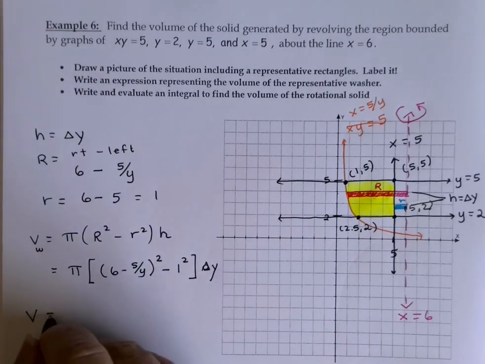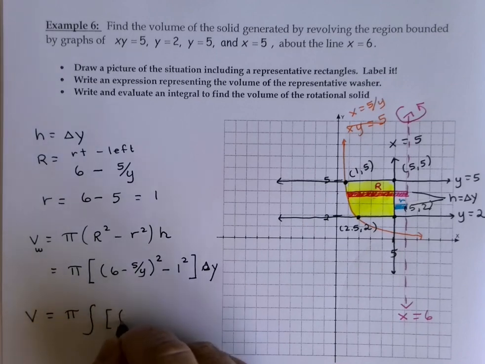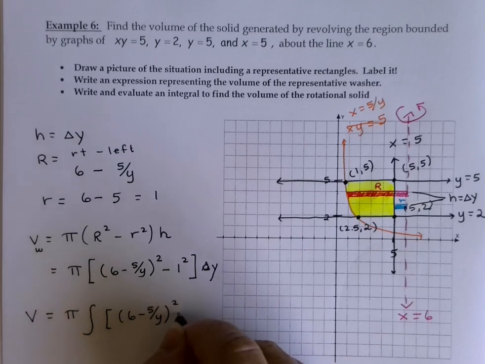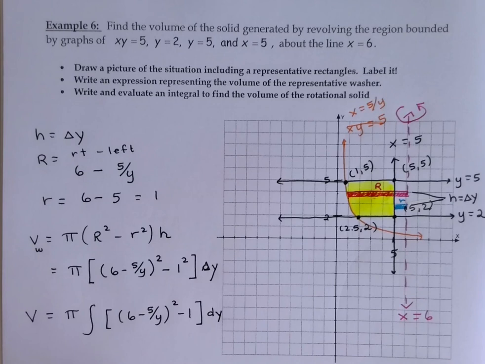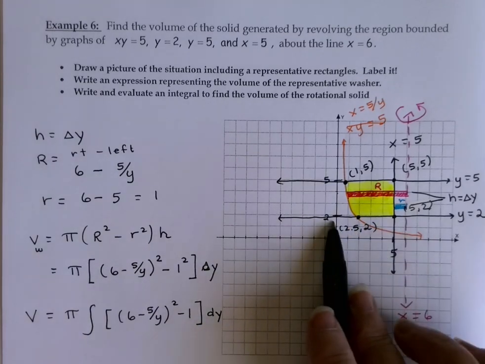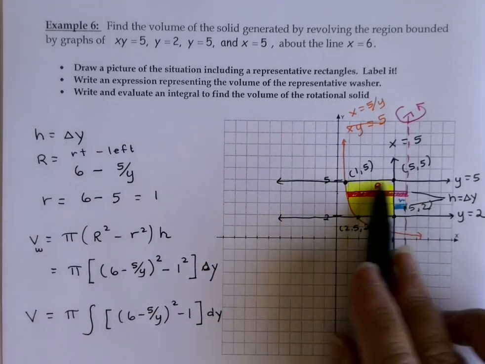So to get the volume of the entire solid, we will integrate. Again, I would have to multiply that out if I were doing it by hand, but since I'm not, I'll just type it into the calculator that way. This is a dy integral, so I need y values for my limits of integration. The bottom is at y equals 2. The top is at y equals 5.